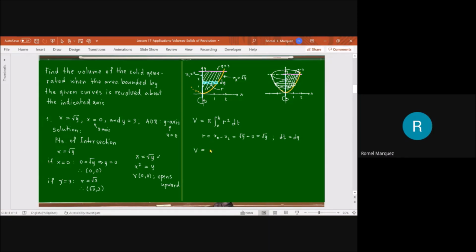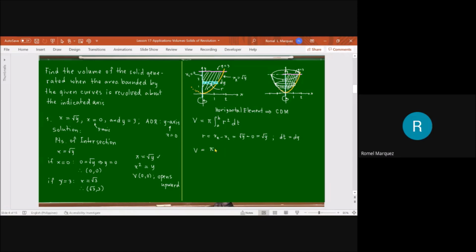We look at the y values because this is a horizontal element, no? And what is the volume element that is formed? Circular disc. So we now use circular disc method, CDM. Okay?